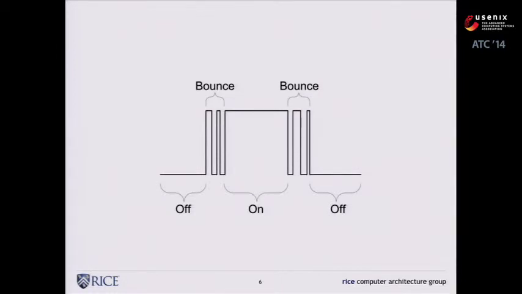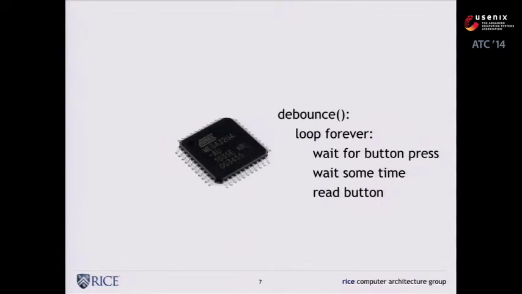So you go onto the internet and you Google switch debouncing, and you find an algorithm that looks something like this. It says, wait for the user to push the button, then wait for the button to stop bouncing, then read it. So this is relatively simple, and everyone who's ever programmed a microcontroller has written this block of code.